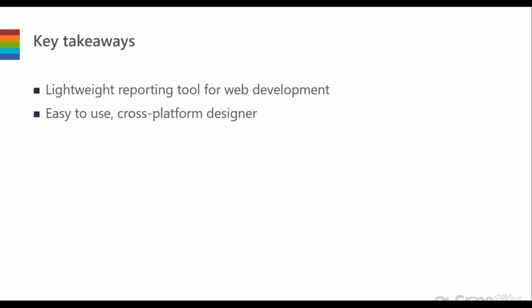There are sub-reports as well, and also interactivity features like drill down and drill through. We also talked about the new file extension for the ActiveReportsJS files. So they use RDLX JSON instead of RDLX. And you can use the designer to convert those existing RDLX files to RDLX JSON.